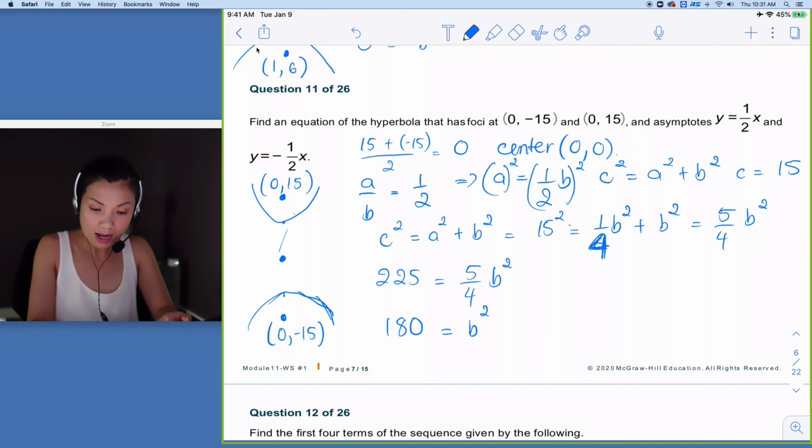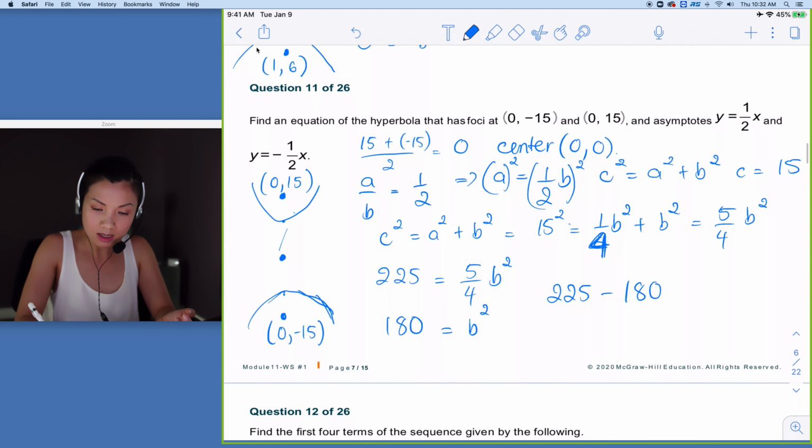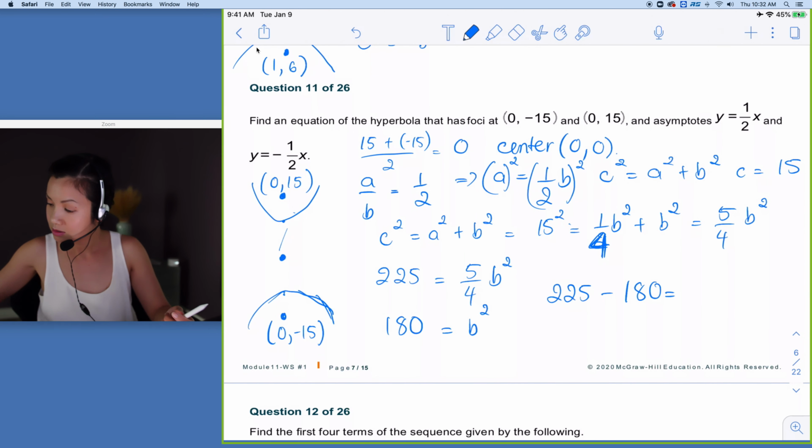Now, I'm going to go back and solve for a squared. We know that c squared is 225, minus 180 is going to be 45.